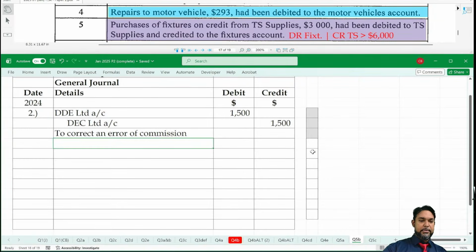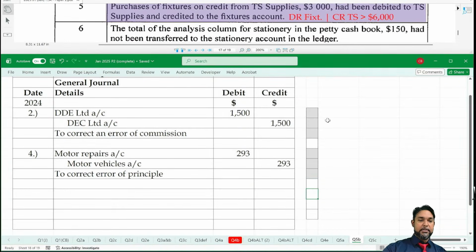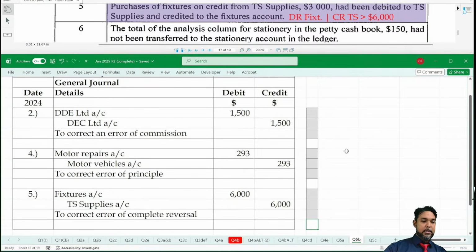With the blue one, that was the debit motor vehicle expense or motor repairs. That has an error of principal, right? So commission is the wrong person or wrong company's account. Principal is the wrong class of account or the wrong type of account. And then finally, we had to debit fixtures and credit that for 6,000 to correct an error of complete reversal.